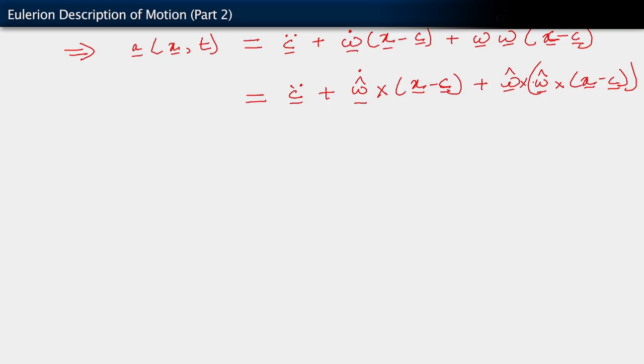We're done here. Note that again, C double dot is the translational acceleration.